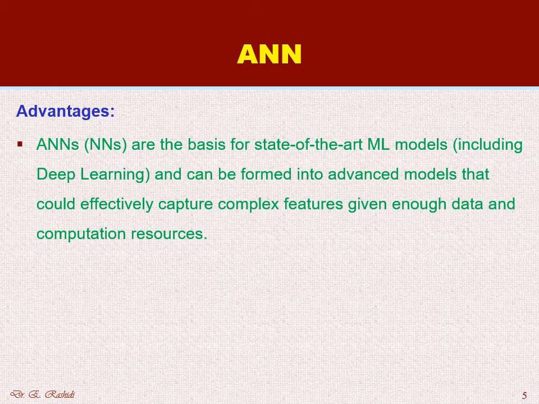That is why neural networks and deep learning are among the most popular algorithms and models for complex problems that we have in real life, such as image recognition, sound recognition, or developing driverless cars.